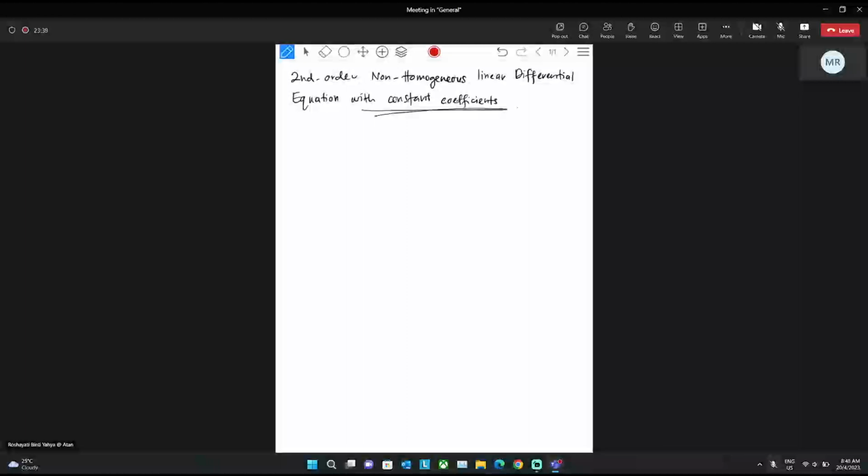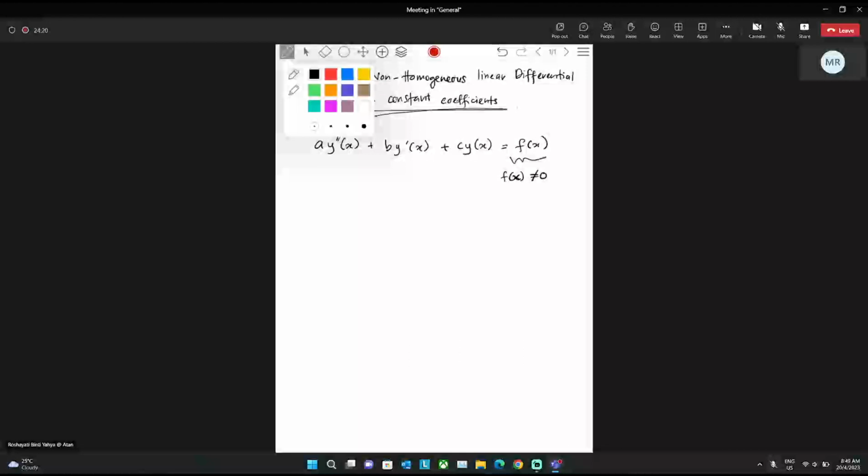Okay. So we have our non-homogeneous a y double prime x plus b y prime x plus c y x equal to fx, which fx not equal to 0 because non-homogeneous. Okay, I'd like to highlight here.